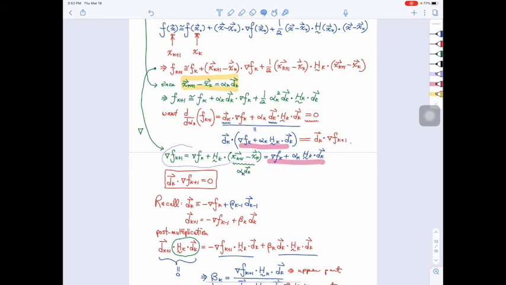Okay, now get back to the lower part. We are done with the upper part. We can handle the lower part. So the lower part is right here. So what should we do?